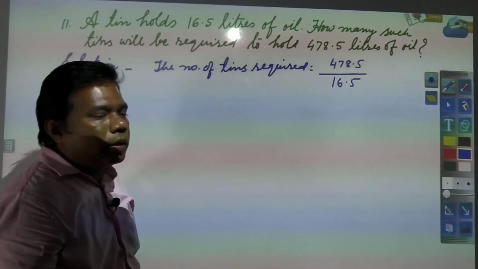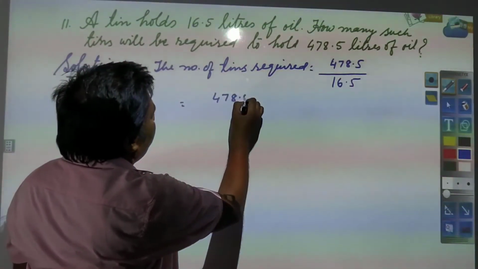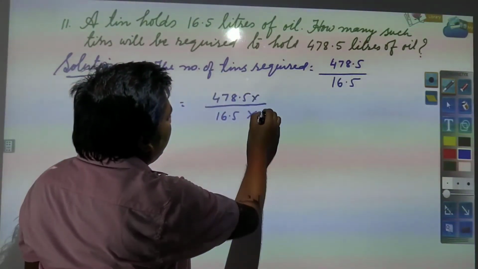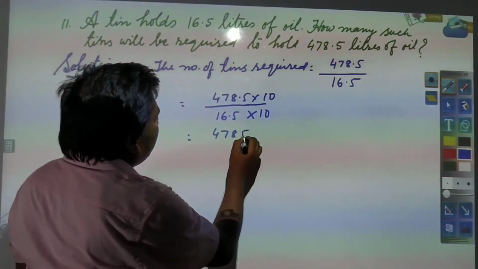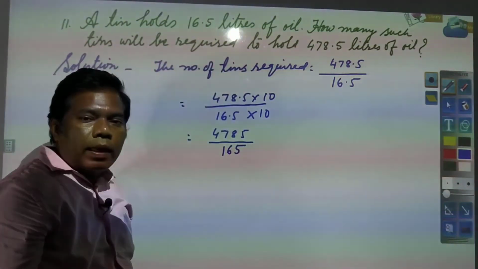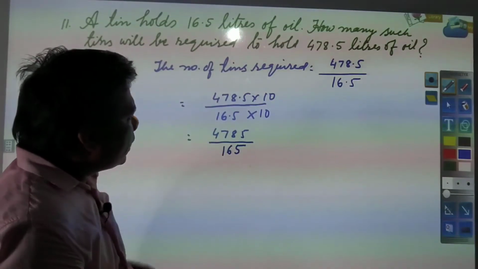Directly you can write and you can solve. So this will be 478.5 divided by 16.5, and if you are multiplying by 10, what you will get? 4785 divided by 165. Now it is needed to be divided, or if you want to cancel, it can be cancelled also.